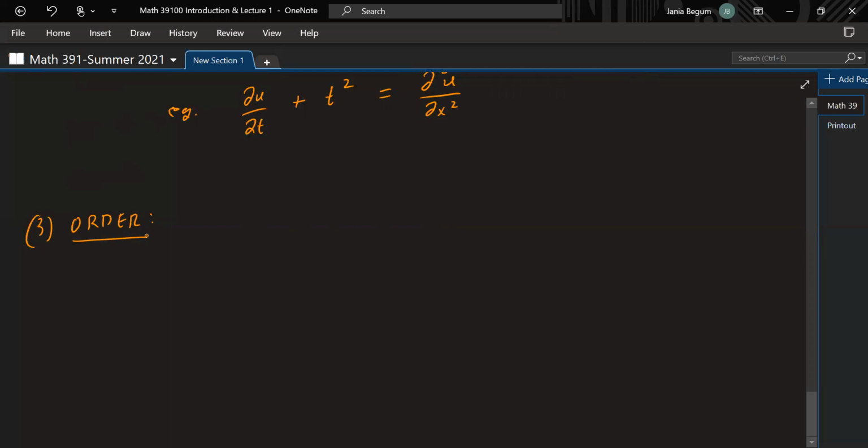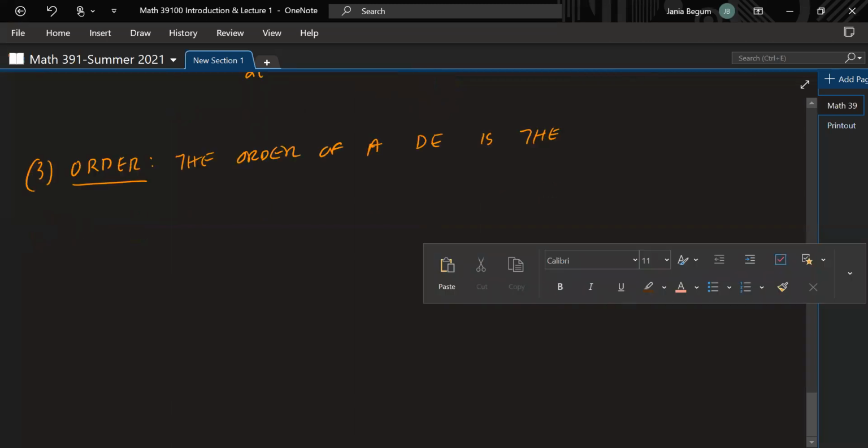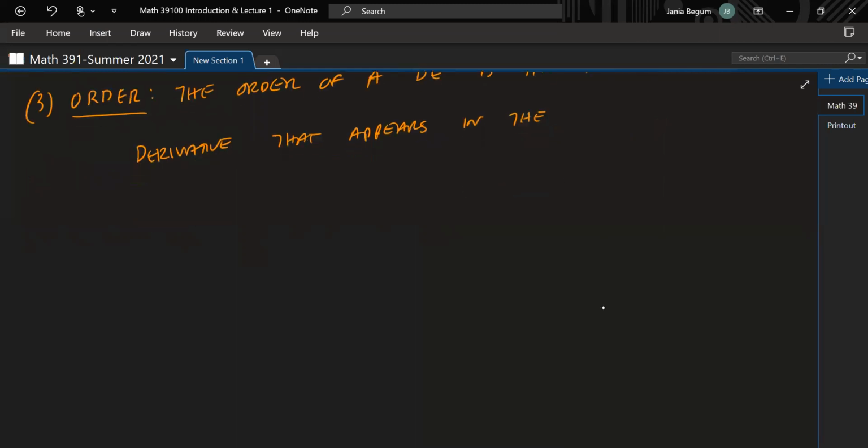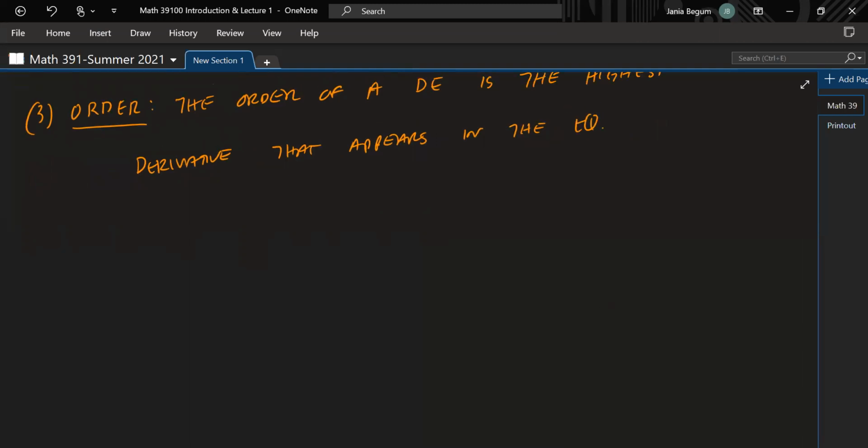So the order of a differential equation is the highest derivative that appears in the equation. So that's what an order is.